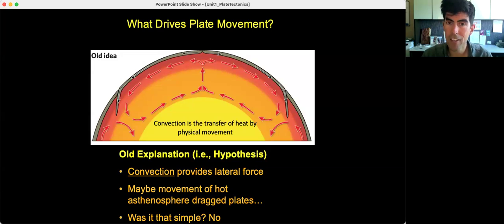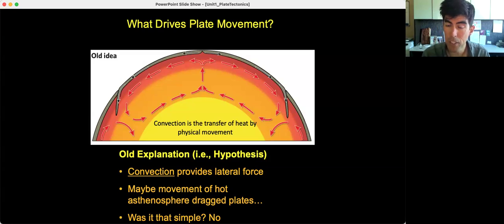It was thought that this spreading out in all directions was the force that was pulling plates apart. Remember, divergent plate boundaries are the places where the plates are spreading apart. It was thought that this spreading out of the cooler mantle or the cooler asthenosphere would drag the plates apart.